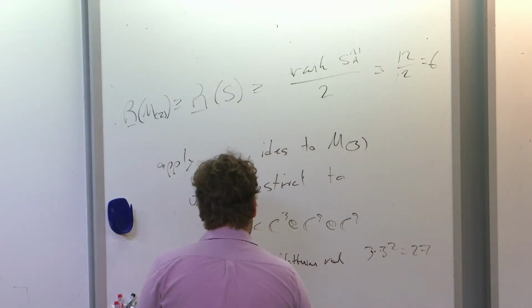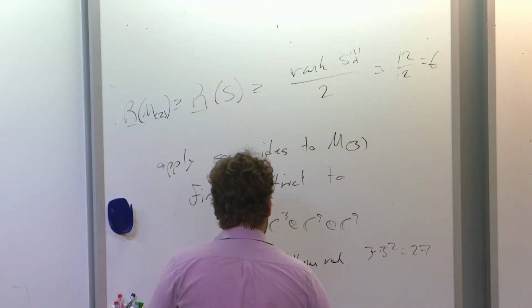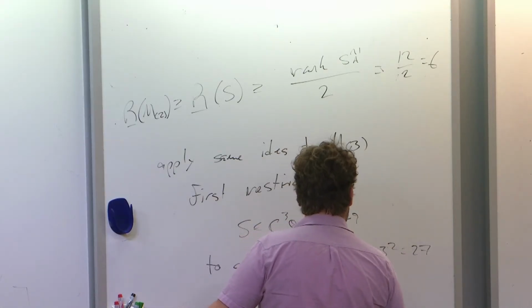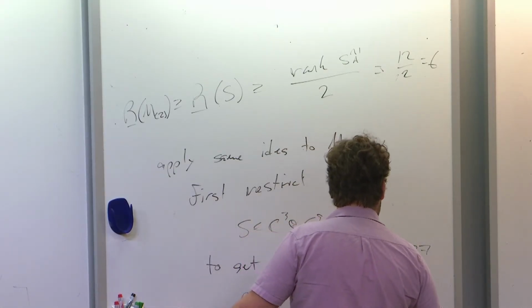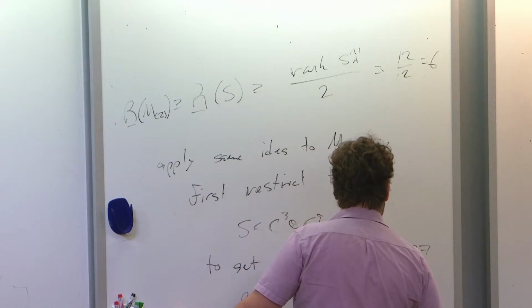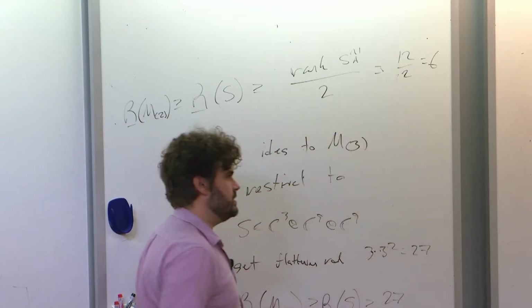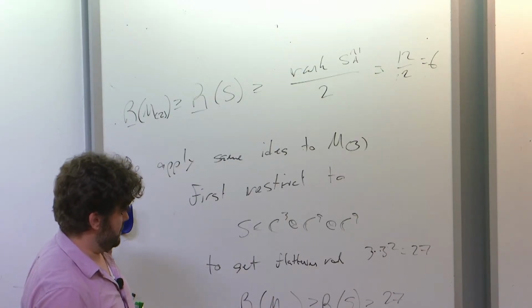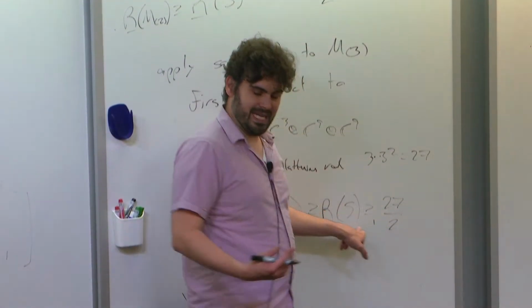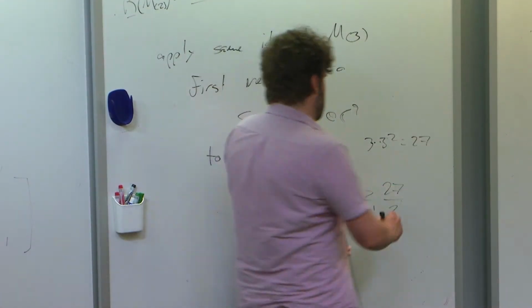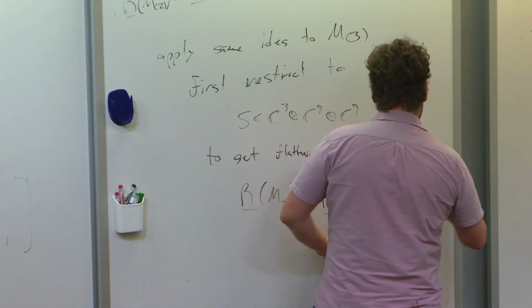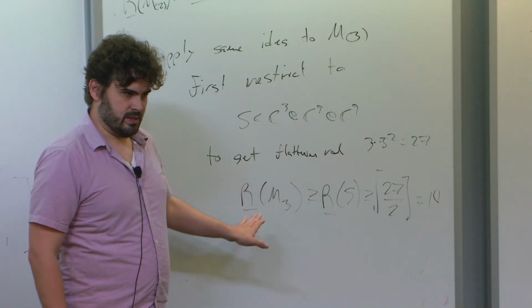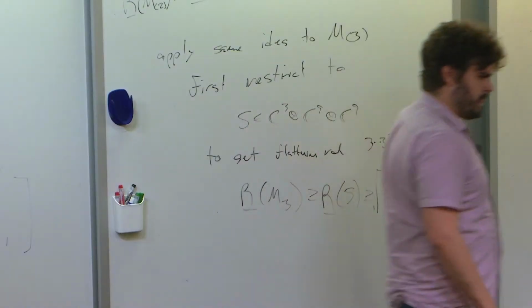So we get that the border rank of M3 is again bigger than or equal to the border rank of this generic restriction, which is bigger than or equal to 27 over 2. Well, 27 over 2 is 13.5. So if I'm an integer that's bigger than 13.5, I'm really bigger than the ceiling of it, which is 14. So I get a lower bound of 14 for 3 by 3 matrix multiplication using Strassen's equations.